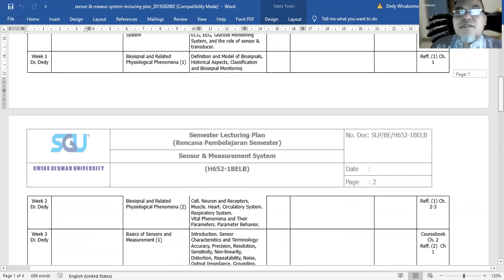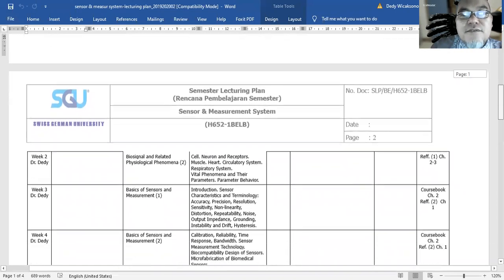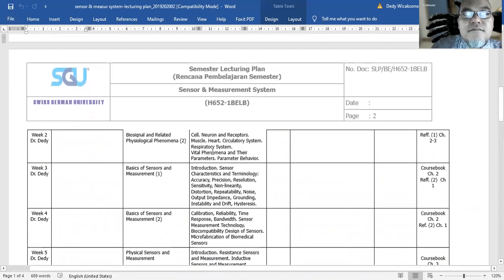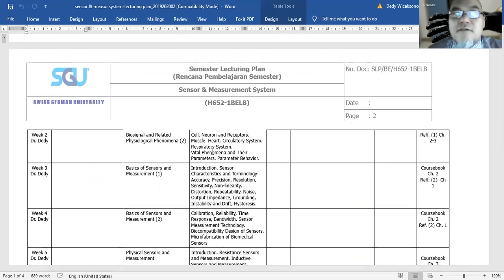So this will continue next week, hopefully, with biosignal and related physiological phenomena. What occurs in the cell? So hopefully you already learned about cytology and histology, right? So we will review again how the things that occur in the cell originate or create biomedical signal forms.